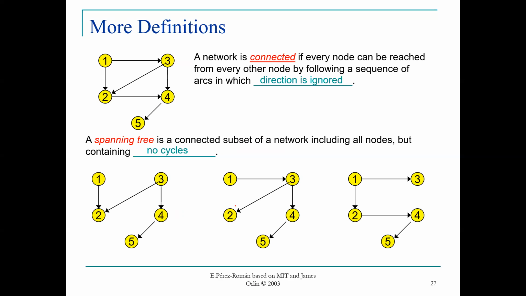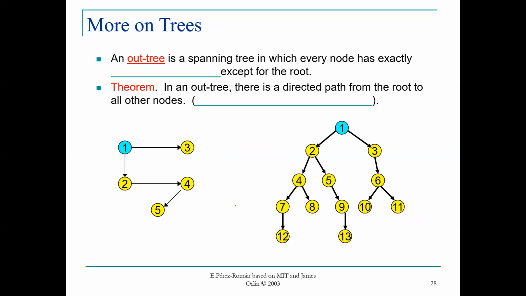So this is what is called a spanning tree. An out tree is a spanning tree in which every node has exactly one incoming arc, except for the root. As a theorem, in an out tree, there is a directed path from the root to all other nodes. All paths come out of the root.